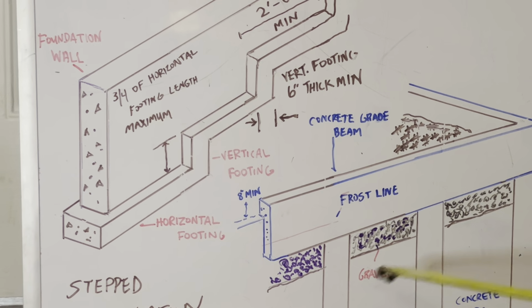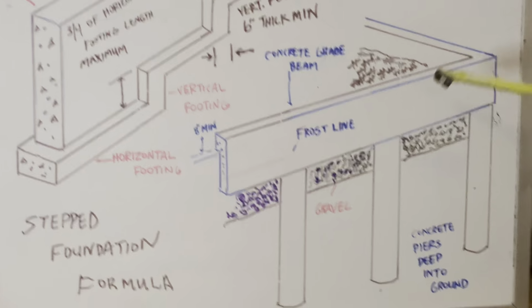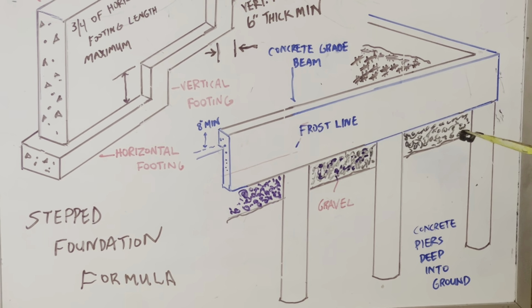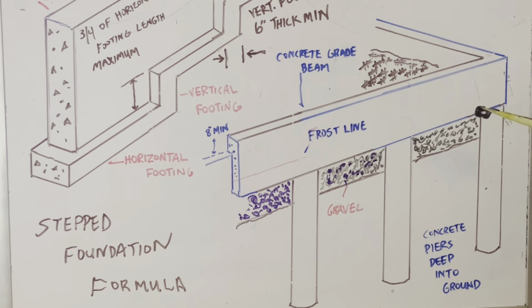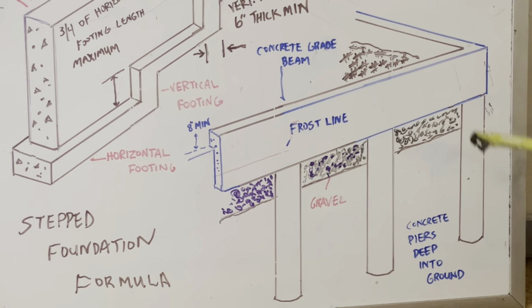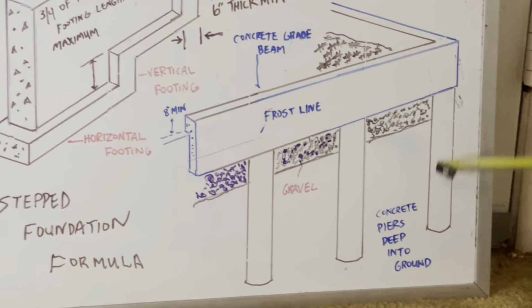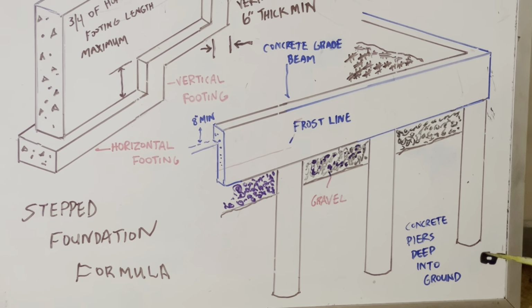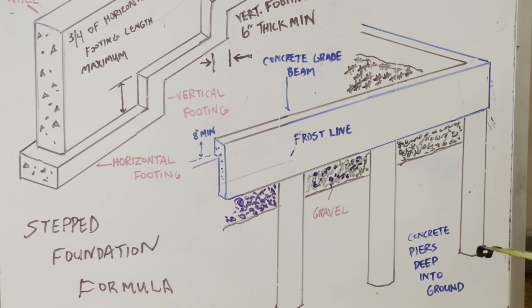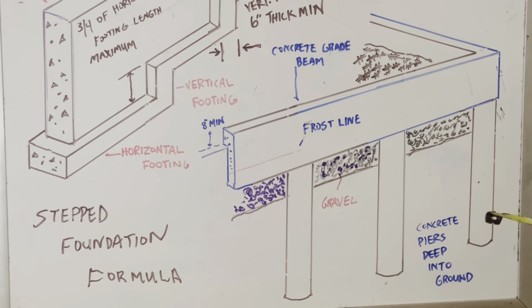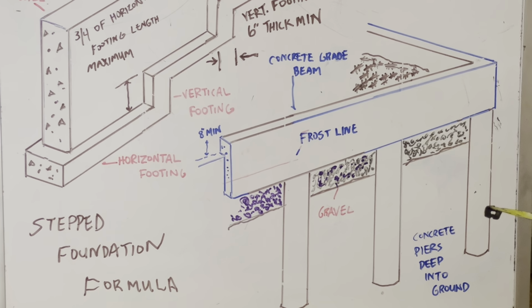Now this drawing right here is a grade beam. Grade beams are foundation walls that receive their main support from piers extending deep into the ground. Look right here, these are my piers, extending deep in the ground. Grade beams are often used with stepped foundations erected on steeply sloped lots.